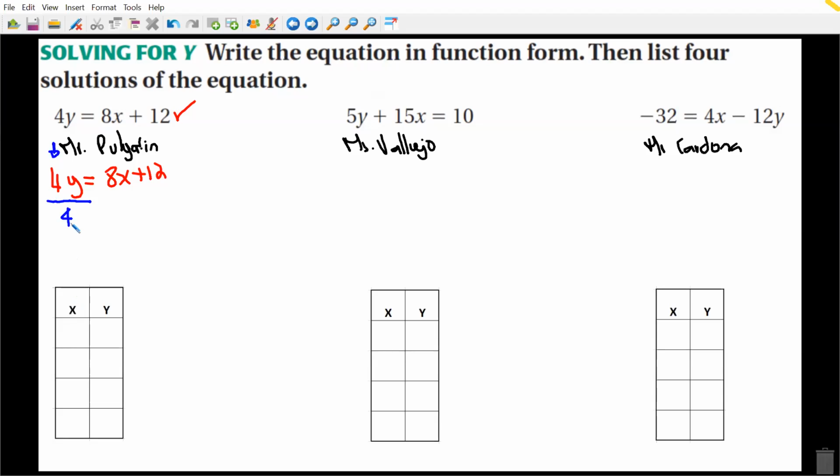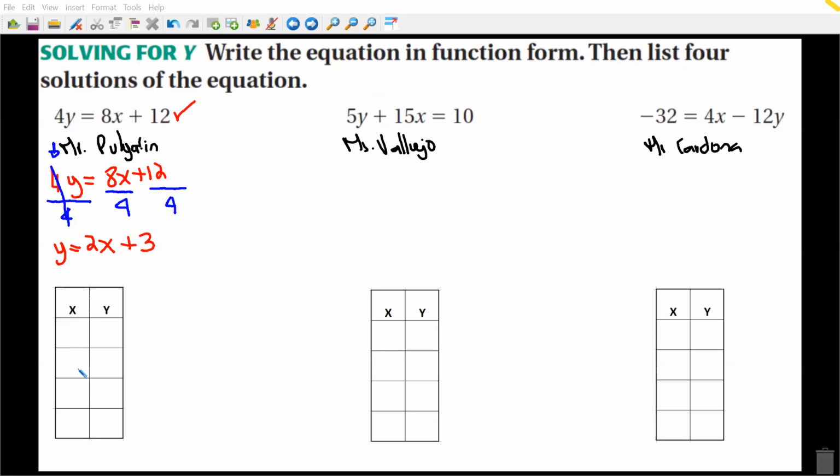So 4 times y divided by 4, the answer is going to be y. But what you do on one side, you do it on the other side. Okay, Mr. Giraldo? Mm-hmm. So if you do it on the other side, you're going to have that y is equal to, how much is 8 divided by 4? 2. 2x. And how much is 12 divided by 4? 3. Good job, buddy. Now, what values would you like to replace over here?